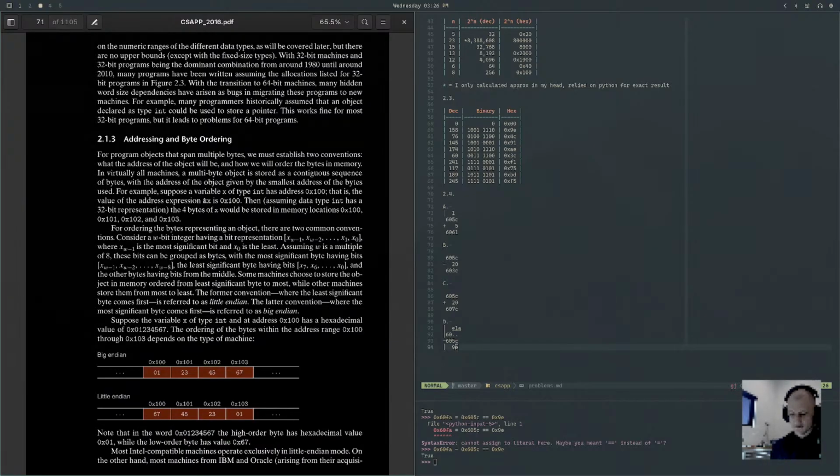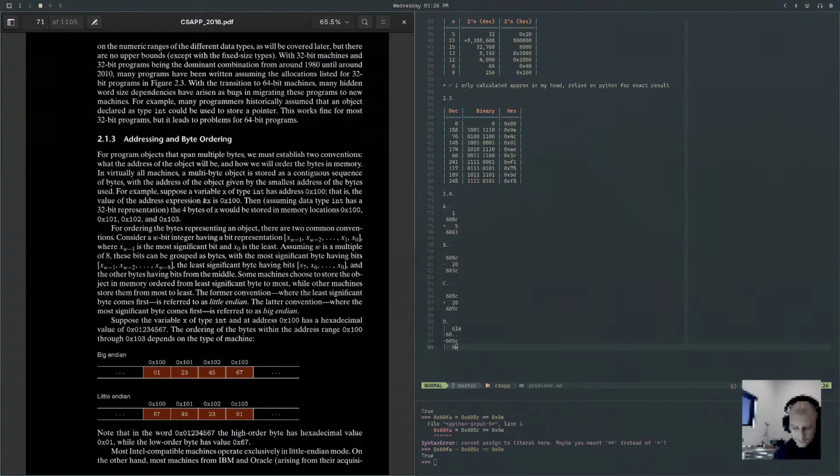Suppose the variable x of type int at address 0x100 has a hexadecimal value. Wouldn't that be 4 bytes? The ordering of the bytes within the address range 0x100 through 0x103 depends on the type of machine.